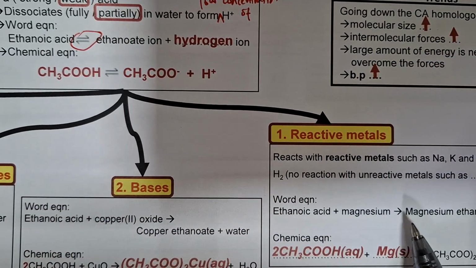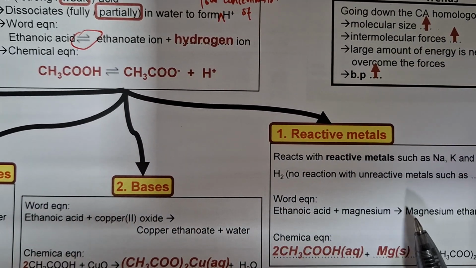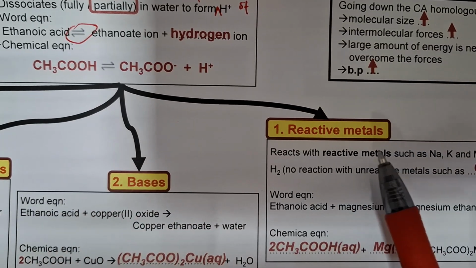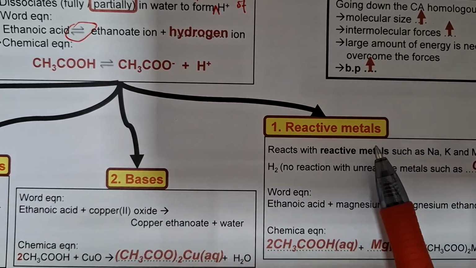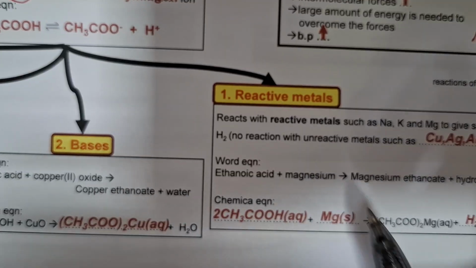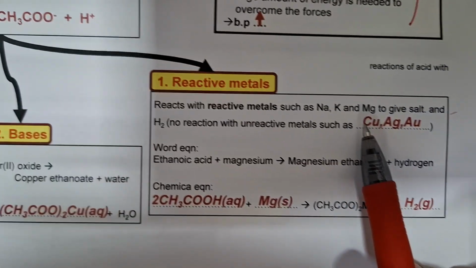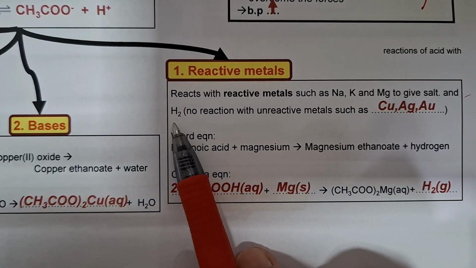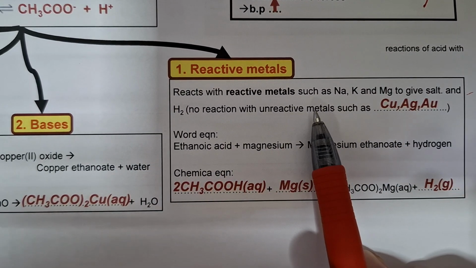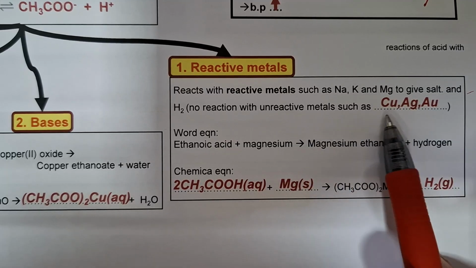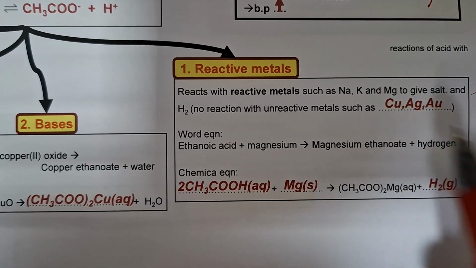Okay, so the chemical properties of carboxylic acid are just the same as the chemical properties of acids. First of all, we have the reaction between acid and metals to form salt and hydrogen. So no reaction between carboxylic acid and unreactive metals such as copper, silver, and gold. Au is gold.